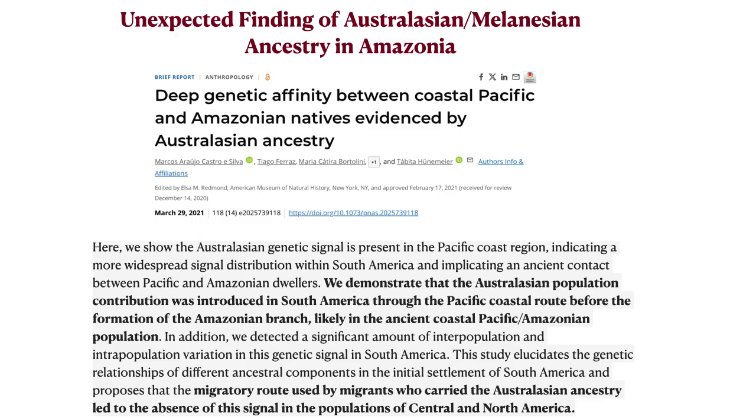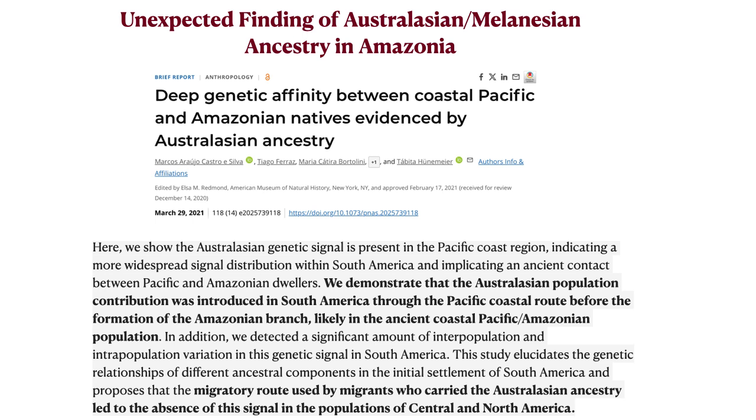And one of the lines of evidence is this bizarre finding among indigenous peoples in the Amazon that there are certain components of their genome that link them to Australia and Melanesia, the islands off of Australia, places like New Guinea and the Solomon Islands. So there are certain genetic characteristics of these groups, and they have been found not in North America, but in Amazonia, and I think more recently elsewhere.